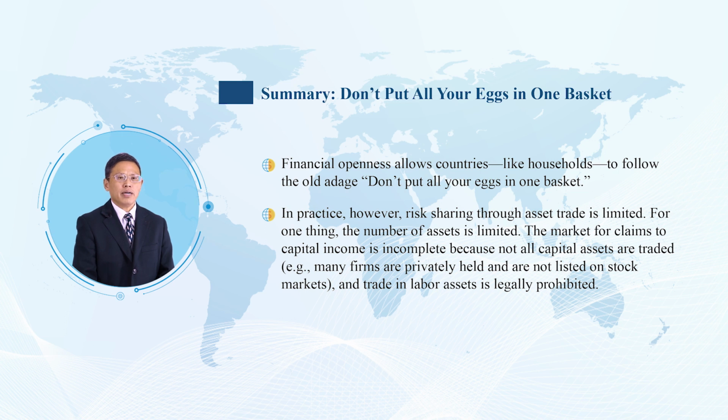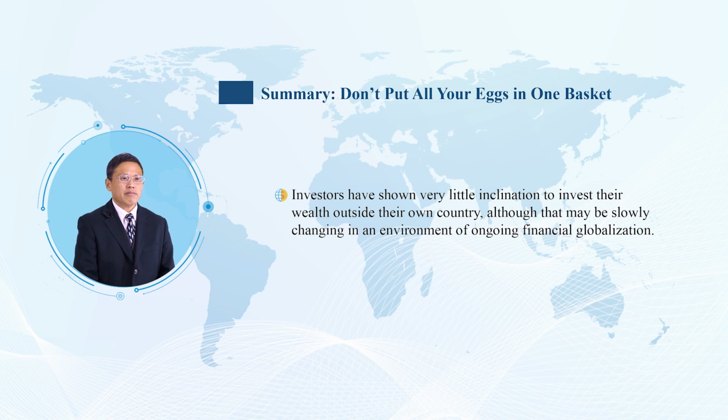For example, many firms are privately held and are not listed on stock markets, and trade in labor assets is legally prohibited. Investors have shown very little inclination to invest their wealth outside their own country, although that may be slowly changing in an environment of ongoing financial globalization.